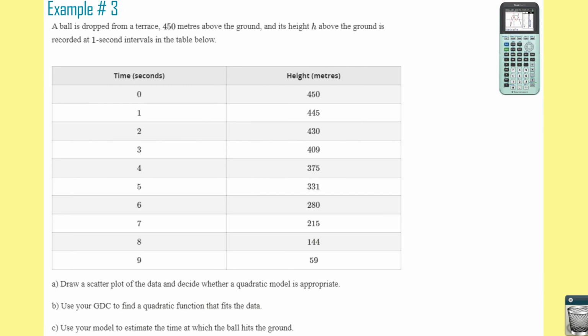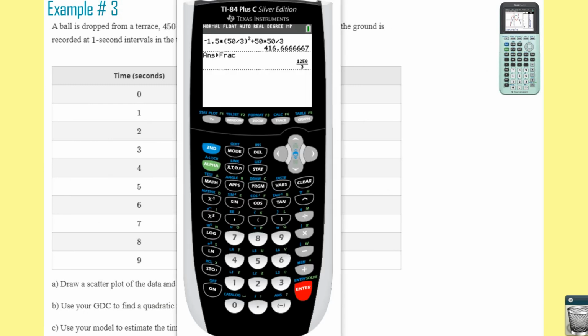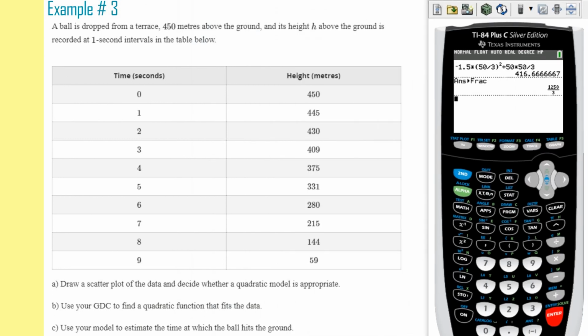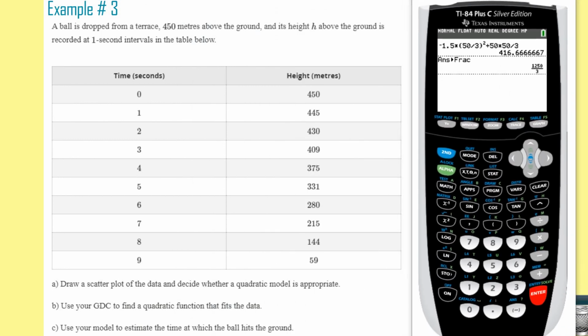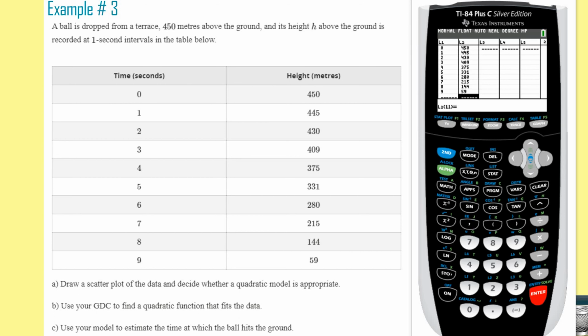Okay, so for this example, we're going to learn how to use our calculator to model the quadratic function. So here you go to your stat list, edit your lists, and type in your time and your height. So pause it and do that. Okay, so there I graphed it.